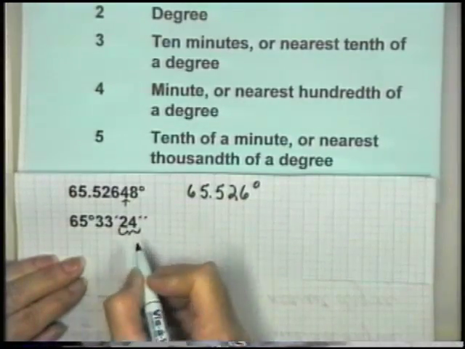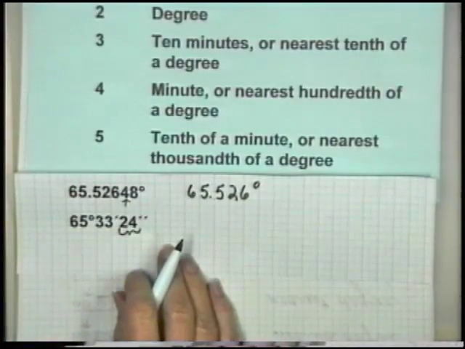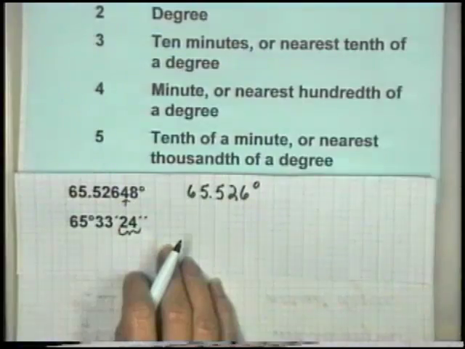And to do that, remember how to convert seconds to minutes. Since there's 60 seconds in 1 minute, the way we'll figure out what part of a minute 24 seconds represents is to take the 24 and divide by 60.